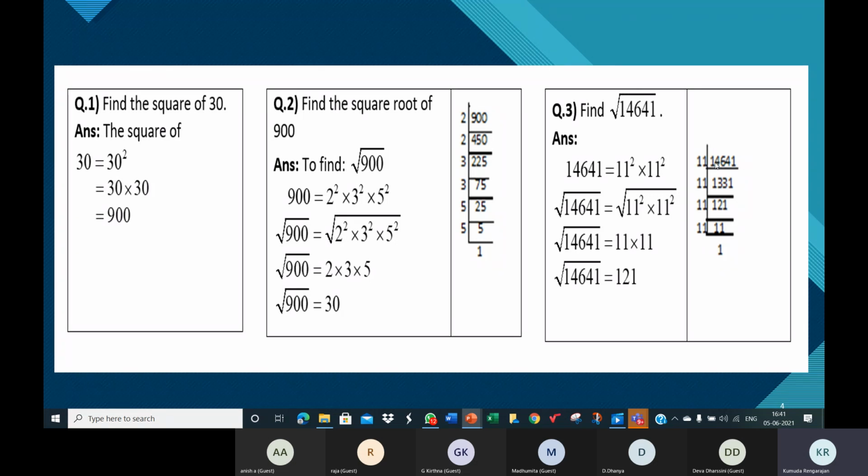So let's add, okay? 1 plus 4, 5. 5 plus 6, 11. 11 plus 4, 15. 15 plus 1, 16. I'm adding the digits of the given number, 14,641. When I add the digits, I'm getting 16. And 16 is not a multiple of 3. 16 is not divisible by 3. So then this whole number, 14,641, will not be divisible by 3.